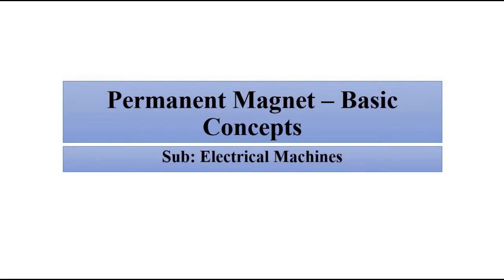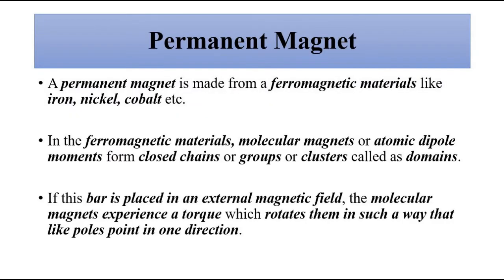First we'll be discussing permanent magnets. A permanent magnet is basically made from ferromagnetic materials. We have discussed ferromagnetic materials and their properties in detail in a separate video, so please watch that video.